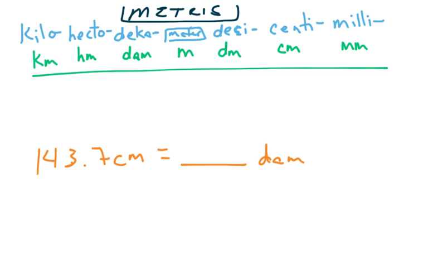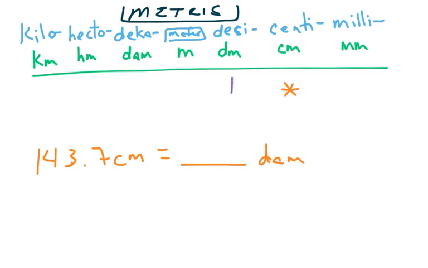First of all, you place yourself on your list, the green list that I have up there. You place yourself on the unit that you're starting with. I'm starting with centimeters, so I'm going to place myself right here. Doesn't have to be fancy. And then you count how many steps it takes to get to the unit you're converting to. I'm converting to dam, so I have to go to the left. Now, you never count the step that you started on. You always count your next one as your first step.